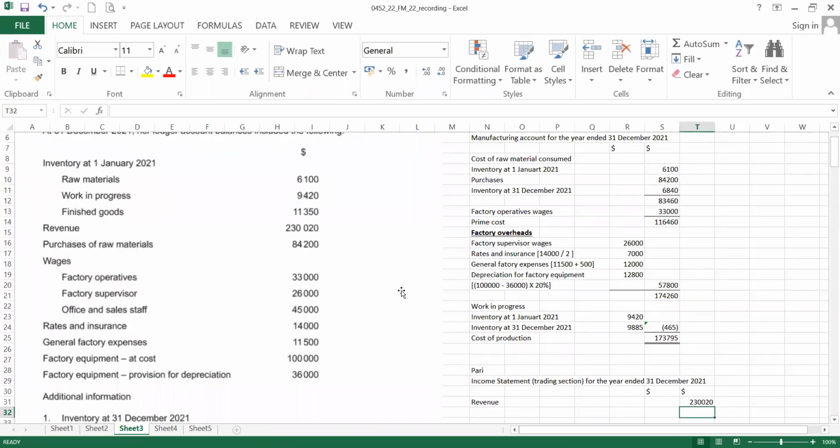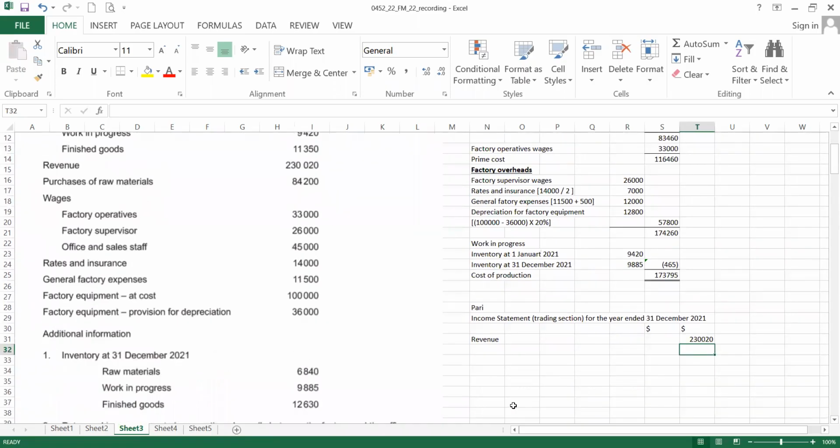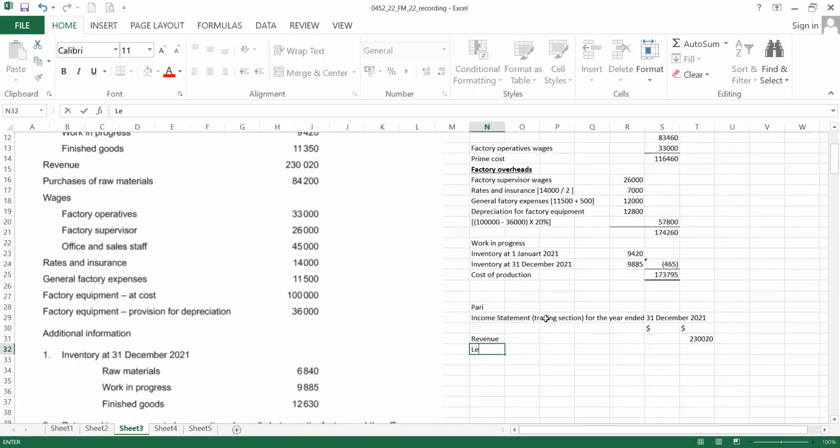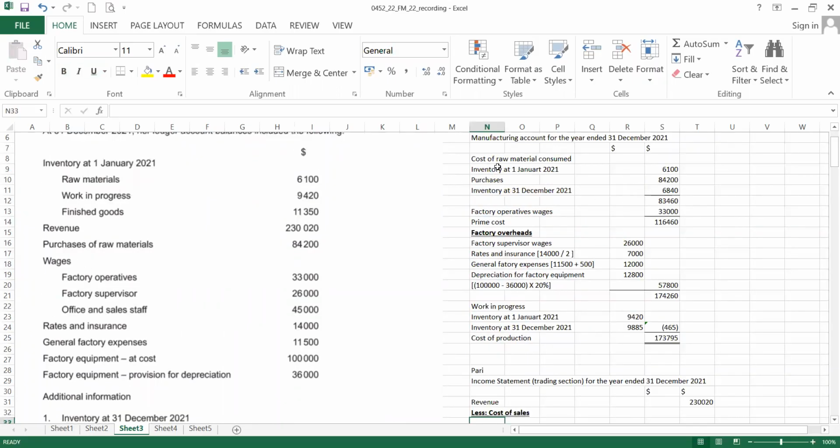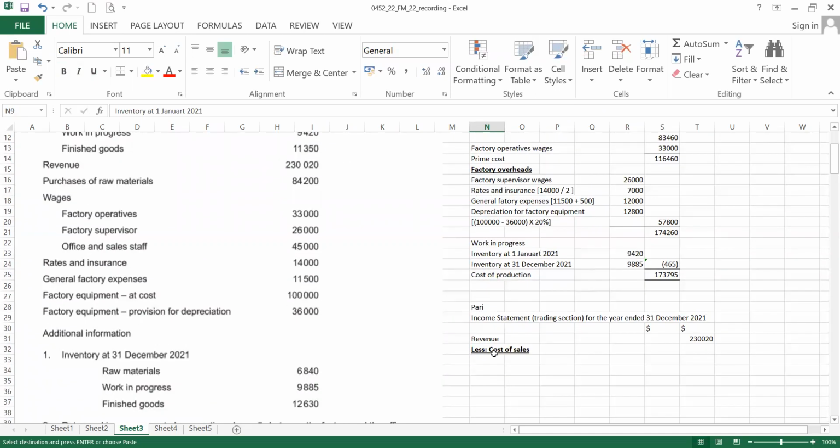We do not have goods returns, and then less cost of sales. So for our cost of sales, we have finished goods, and is there any purchases? No. Okay, cost of production, and then closing inventory.